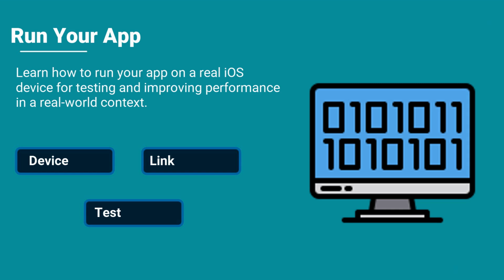If this is your first time connecting your device, you might be prompted to trust the computer on your iPhone or iPad. Just follow the on-screen instructions and make sure you unlock your device if it's locked. Once you've trusted it, your device will show up in the list of devices in Xcode.